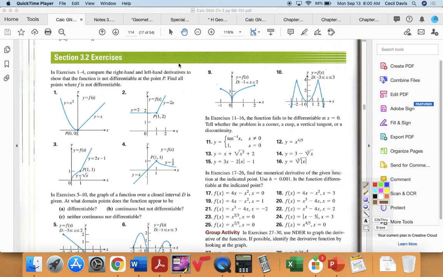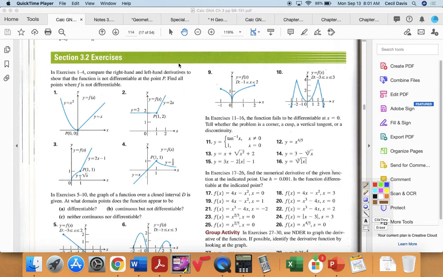Number 28, dy/dx looks to be x cubed. Number 30, dy/dx looks to be tangent of x. Number 32, it's all reals except x equals 2. 34 is all reals. 36, also all reals.